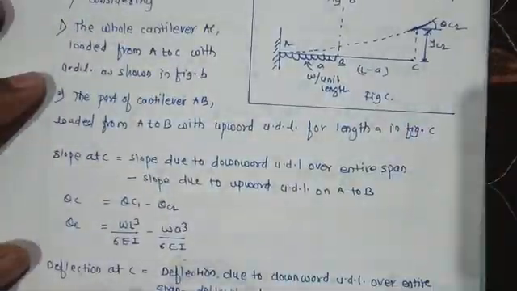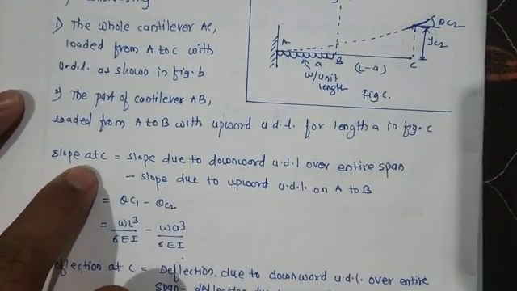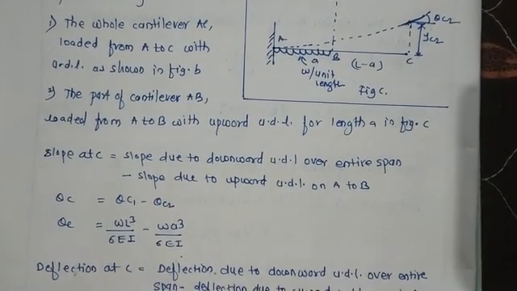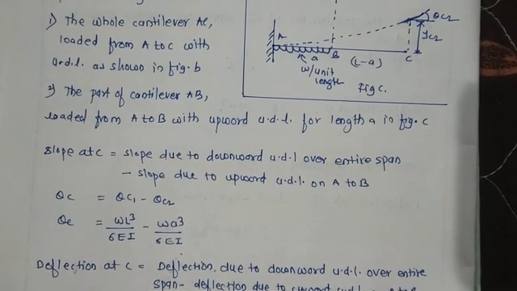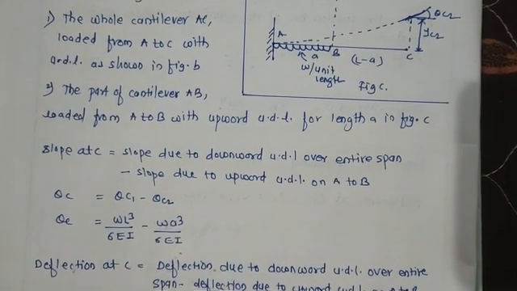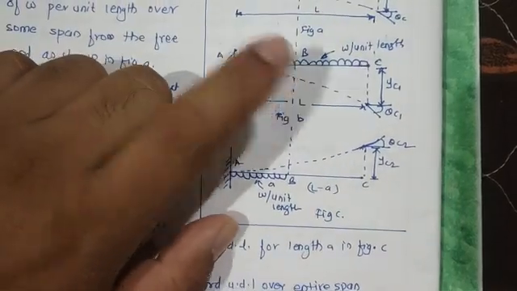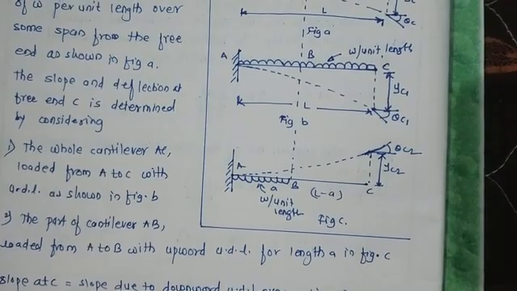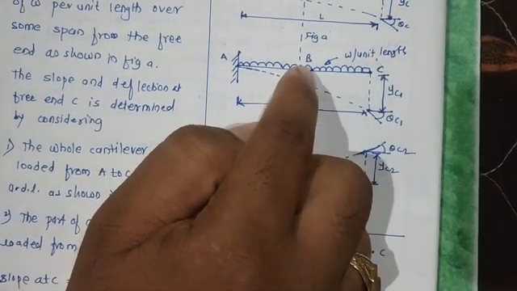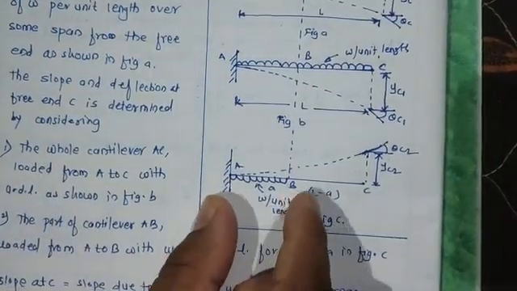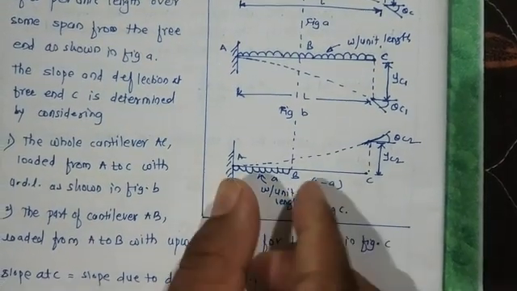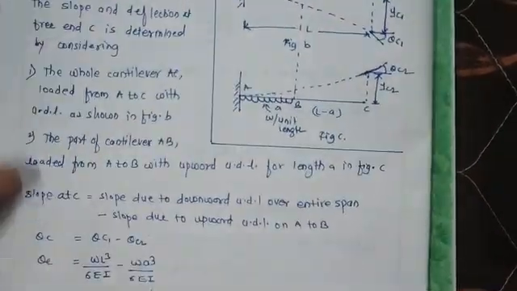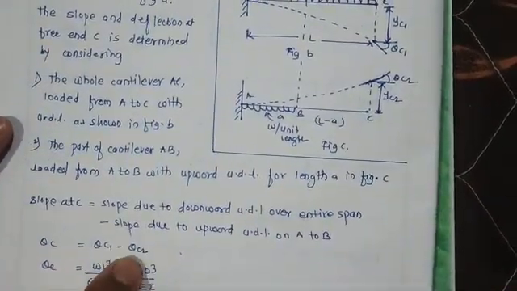Now the slope at C is equal to the slope due to downward UDL over the entire span minus the slope due to upward UDL on A to B. That means the slope due to downward UDL on the entire span, minus the slope due to upward UDL on A to B. So theta C is equal to theta C1 minus theta C2.